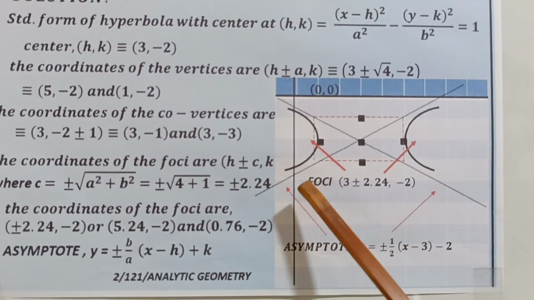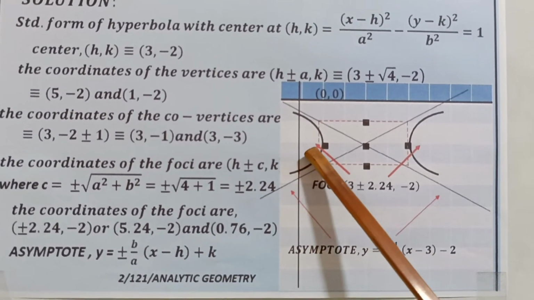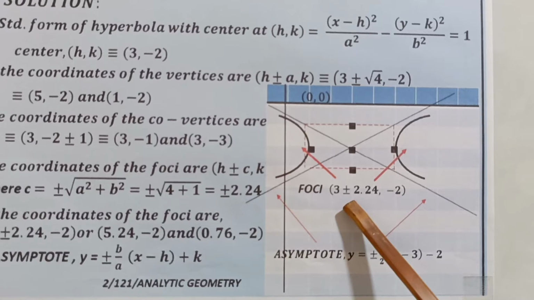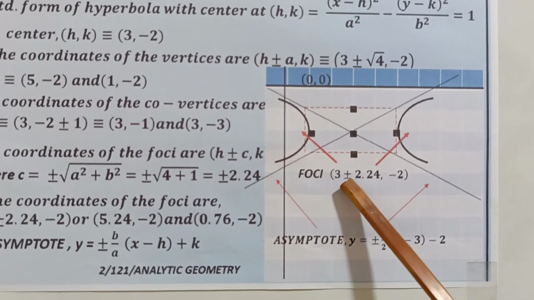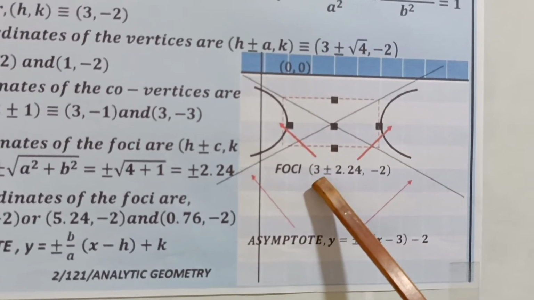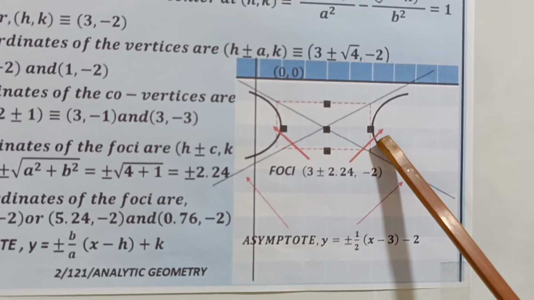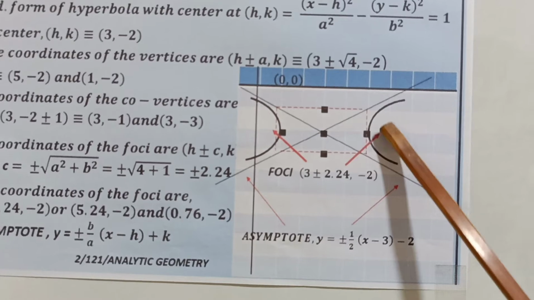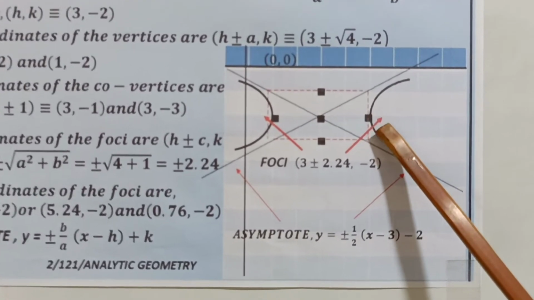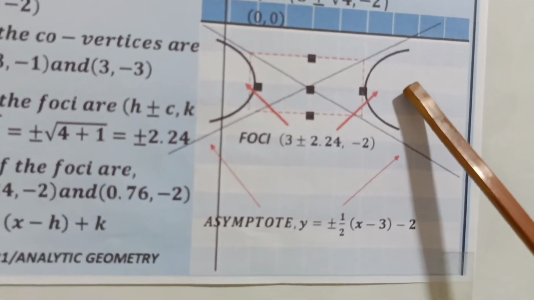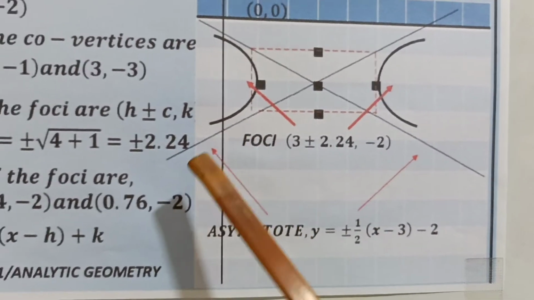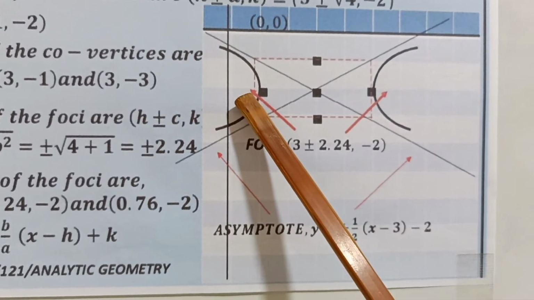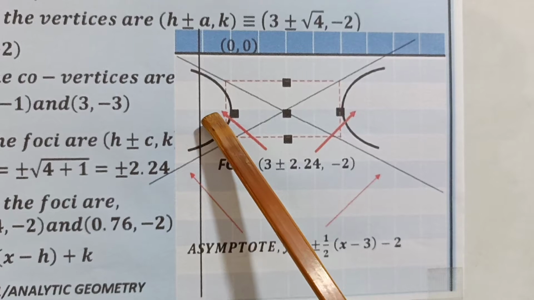So the foci here is somewhere here, no? 3 plus or minus, this is 5.24, no? And this one, negative 2, the value of y. And the other one is 0.76 and negative 2.